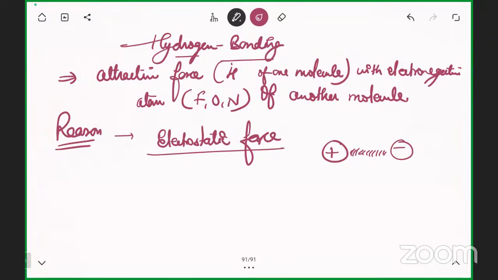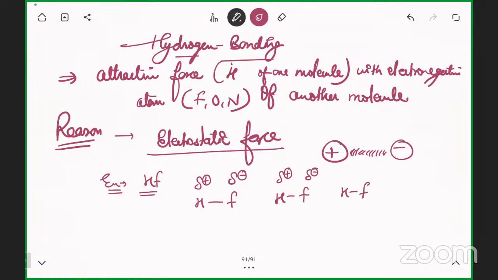So just because of the presence of electrostatic force of attraction, I'm taking a basic example of hydrogen bonding, that is HF. Hydrogen and fluorine. In this condition, fluorine is the electronegative element, so it will acquire partial negative character, while the hydrogen will acquire partial positive character. Imagine another molecule of HF is present, again partial positive and partial negative.